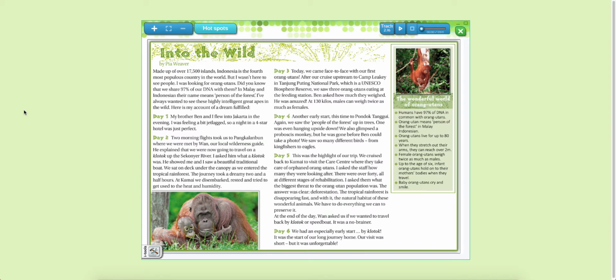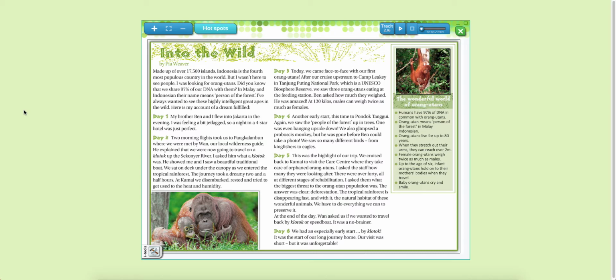So, Lau, can you please continue with day 2? Two morning flights took us to Bankalangu, where we were met by our local wilderness guide. He explained that we were now going to travel on a clotok up the Second River.